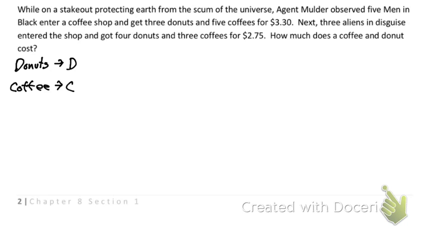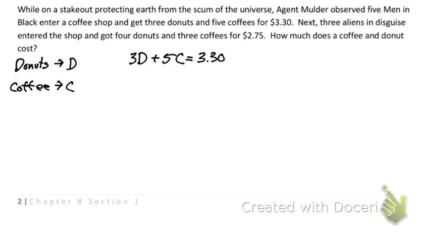So if you have 3 donuts plus 5 coffees, it's going to equal $3.30. That means we have 3 times D, plus 5 coffees, which would be 5 times C, equals $3.30. So I just took this first sentence and turned it into a math equation.